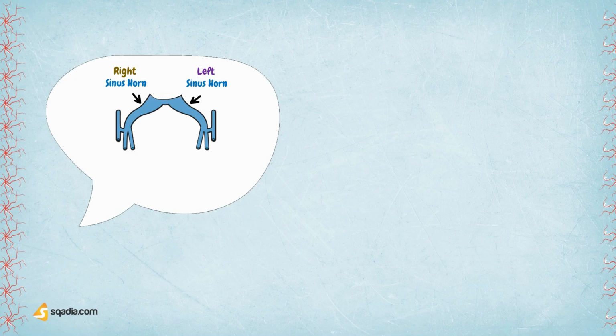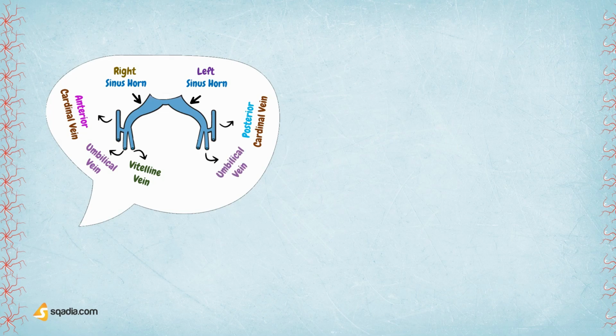So these horns are formed by the major embryonic veins, such as the right sinus horn has the anterior cardinal vein, umbilical vein, and vitelline vein. Similarly, the left sinus horn has the posterior cardinal vein, umbilical vein, and vitelline vein.